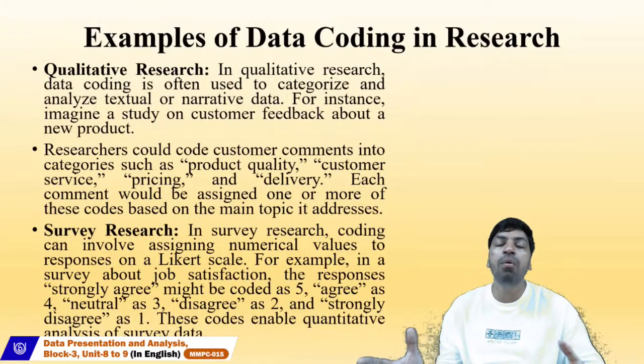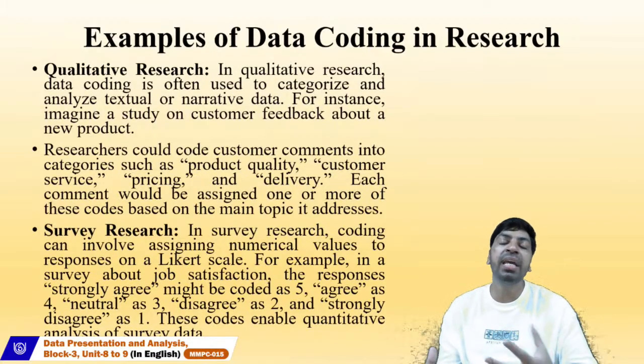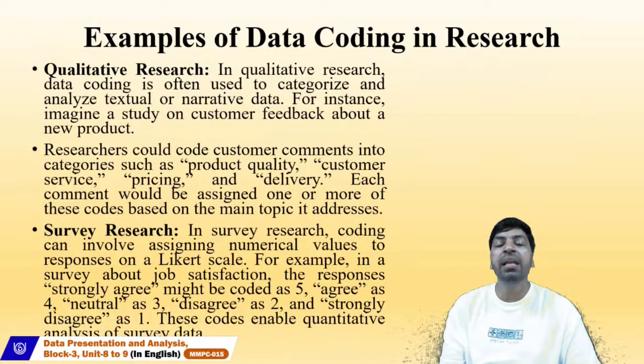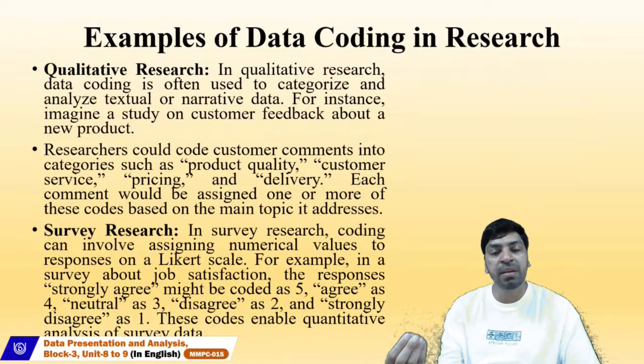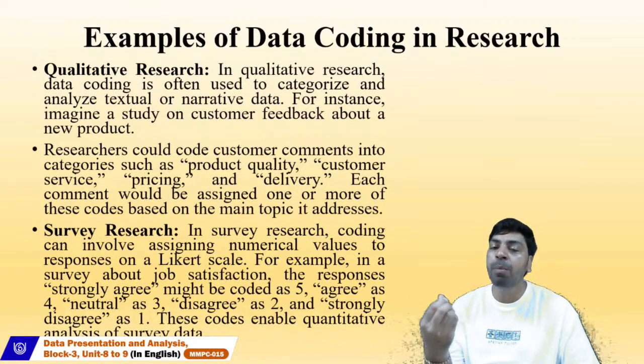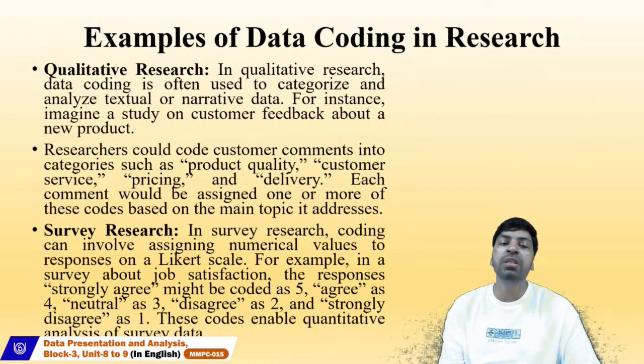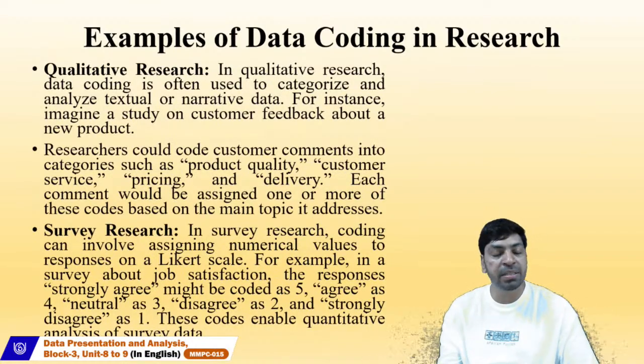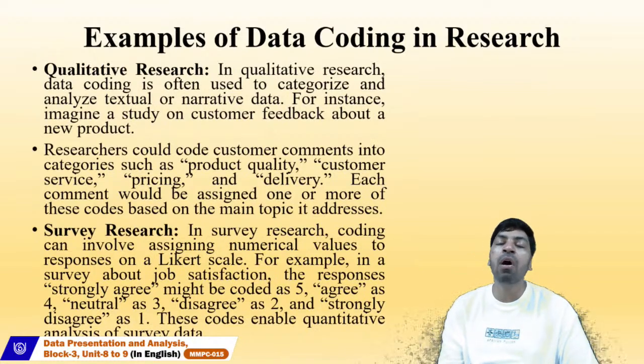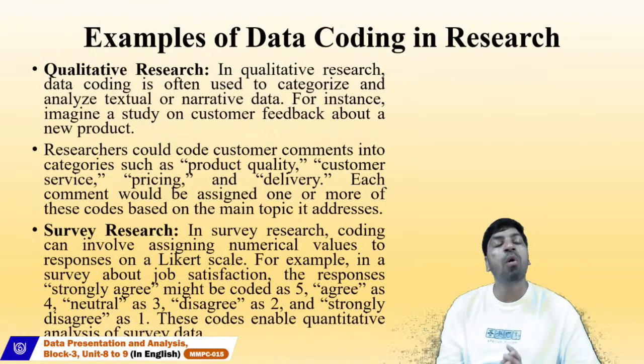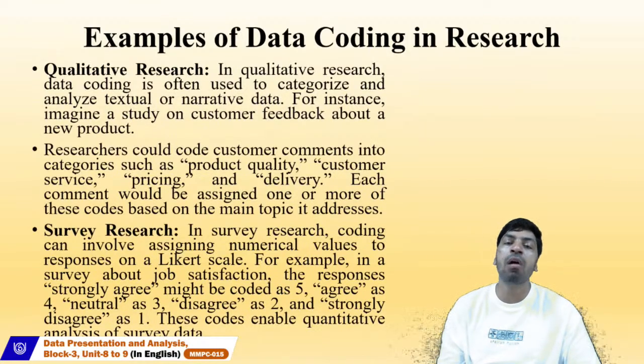So this is how numerical coding is done for the options of the questions, through a Likert scale or rating scale, and these codes enable a quantitative analysis of the survey data.